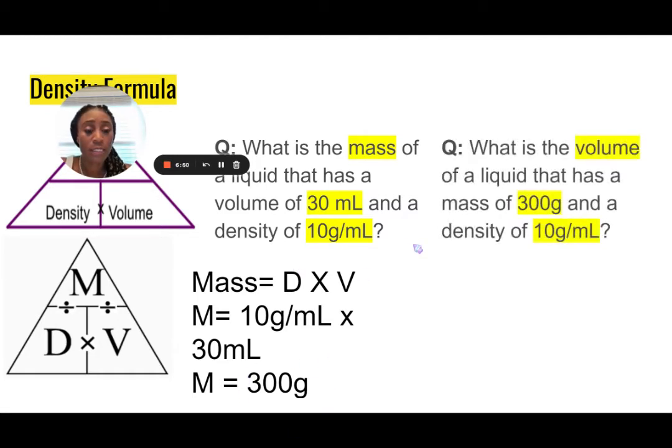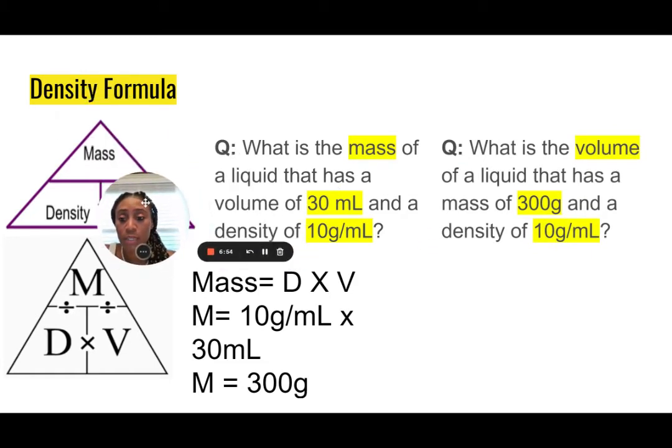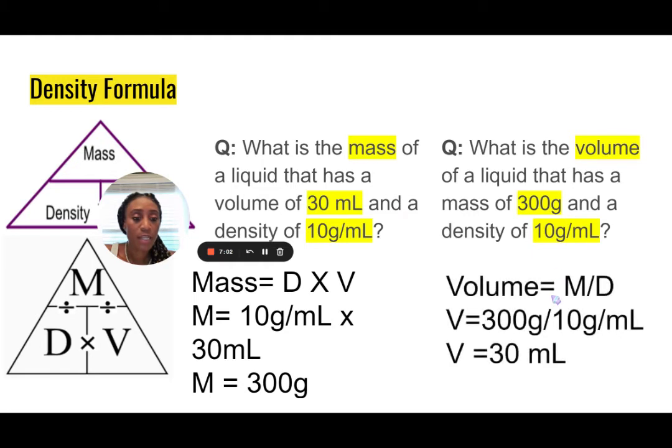Let's do another example. Let's try to find the volume. So you will cover the volume, and then you have mass divided by density, right? The mass here is 300 and the density is 10. So 300 divided by 10 is going to give you 30 milliliters. So guys, you see how easy it is to calculate the mass and the volume and the density of different liquids.